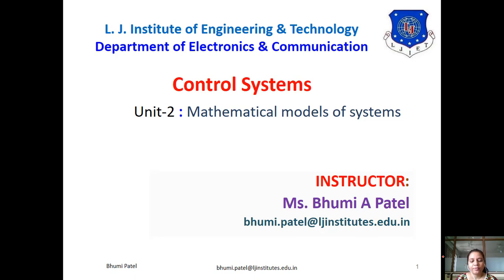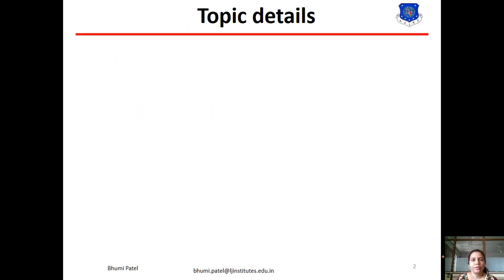Today we are going to discuss the mathematical models of the system. Today's topics are: first, the transfer function for rotational motion, where we have to find the transfer function for the rotational motion.